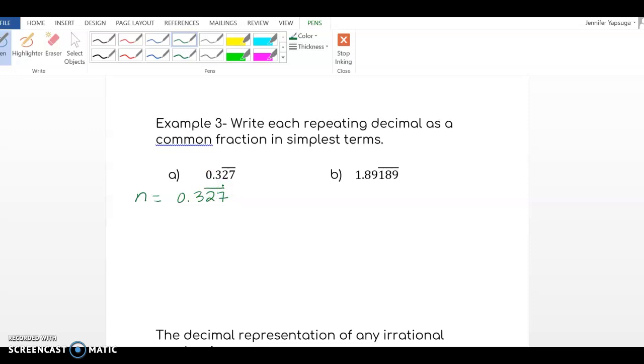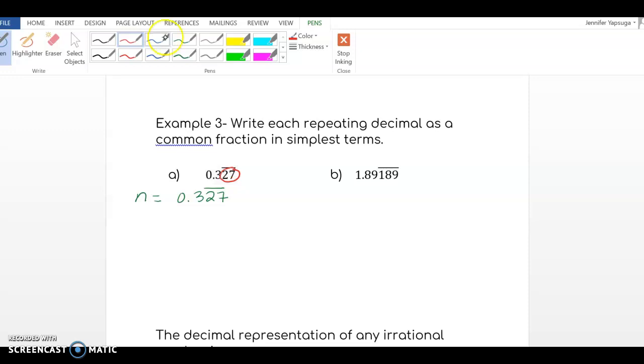And now I am going to manipulate this equation I just created by using the fact that there are 2 digits underneath this repeating bar. So I am going to multiply both sides of this equation by a power of 10 dependent on the number of digits under the repeating bar. So because there are 2 digits, I'm going to multiply by 10 to the power of 2, which is 100.